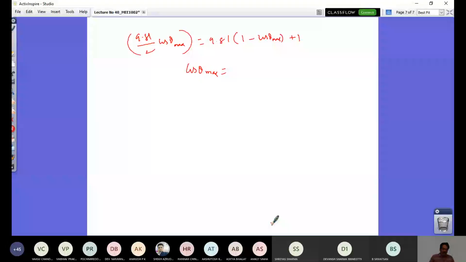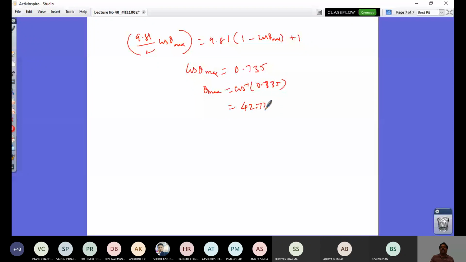So this cos theta max would now be 0.735. That's what I have here. So you have theta max is cos inverse of 0.735. That's going to be 42.72 degrees.